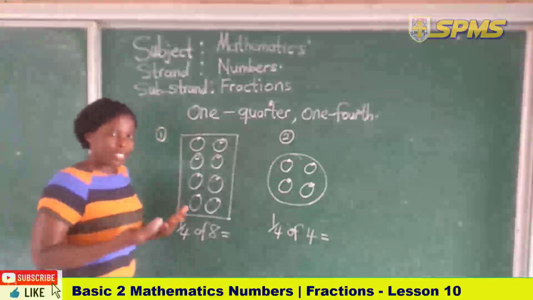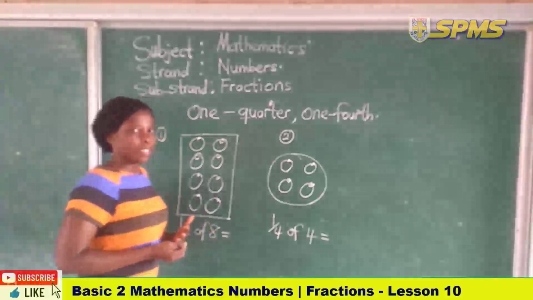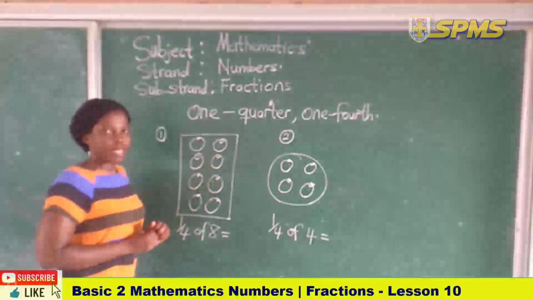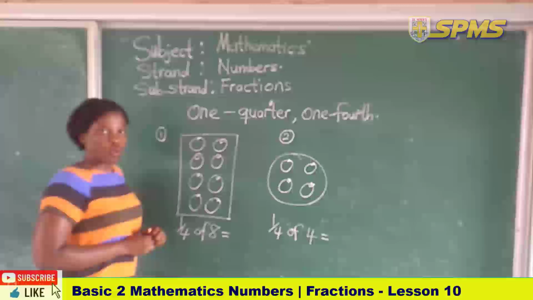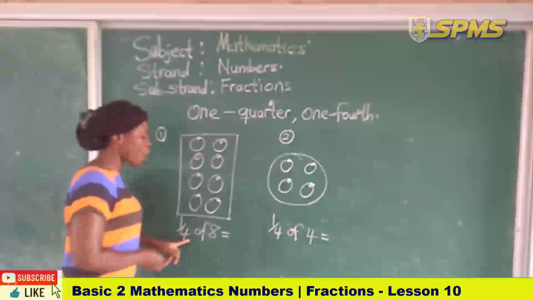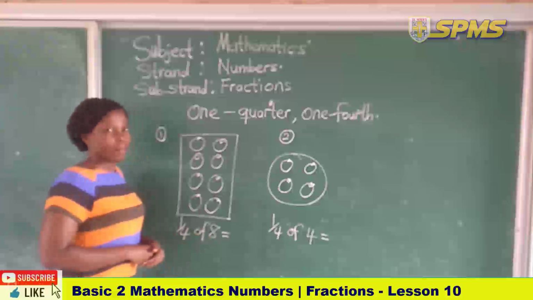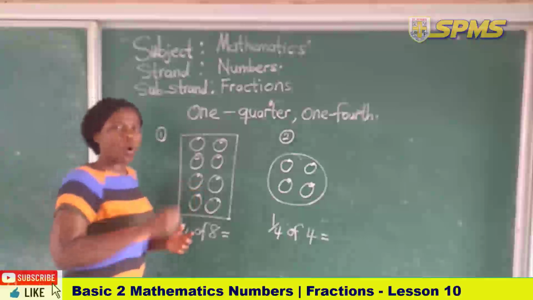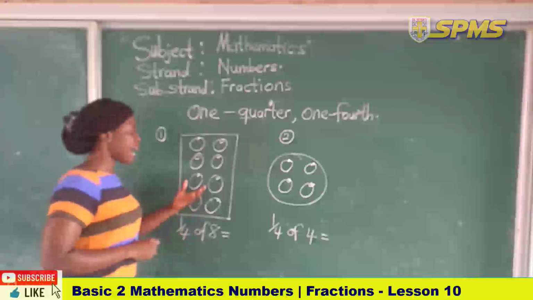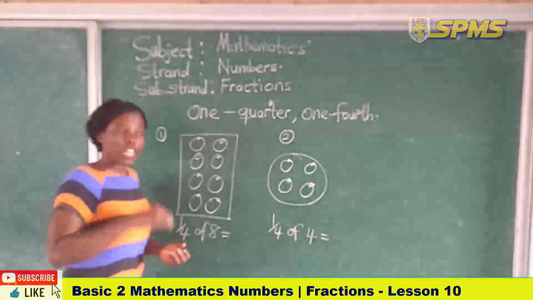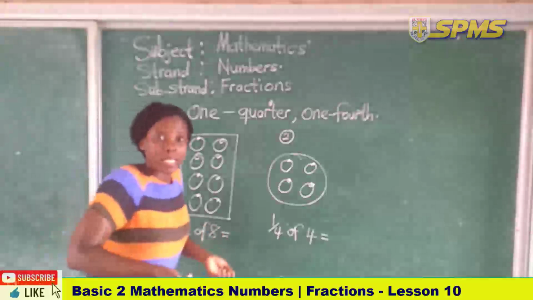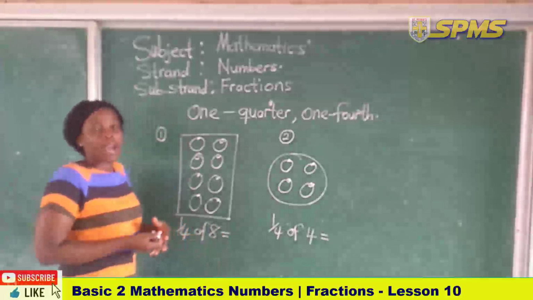Now let's determine the quarter of these objects in the group. So if they ask you to find the quarter of 8, that means you should divide these items into 4 equal parts. So when you divide them into 4 equal parts, what will be the answer?